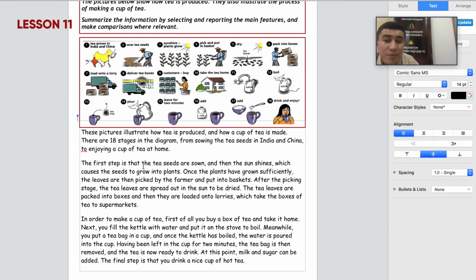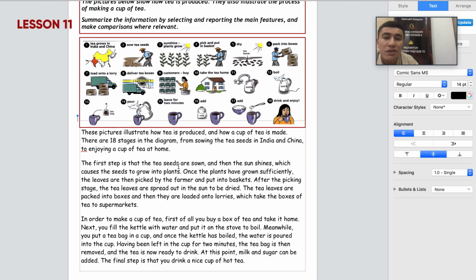The first step is that the tea seeds are sown and then the sun shines, which causes the seeds to grow into plants.